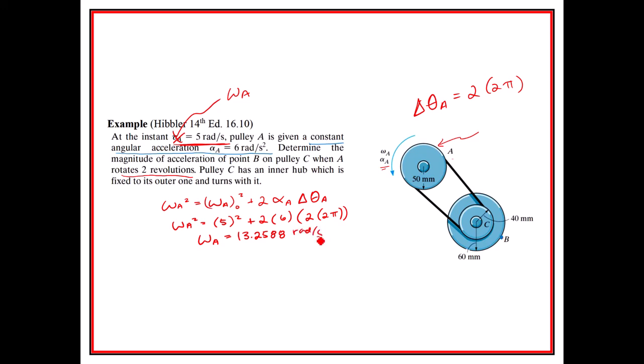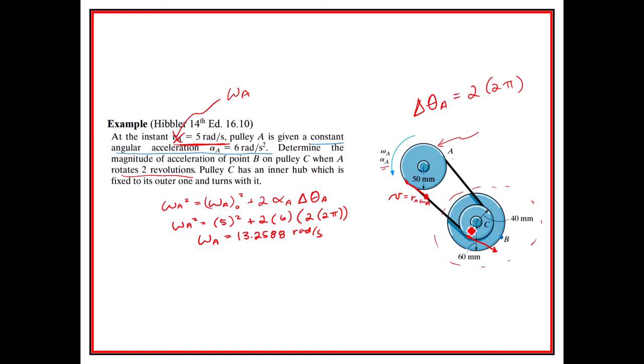Radians per second. Now, if you want to get the angular velocity of this whole assembly, we could take a particular point on here, right there. So that's going to be V of that point, and that's going to be R_A omega_A, right? Then you have another point right here, and they have to be the same velocity.